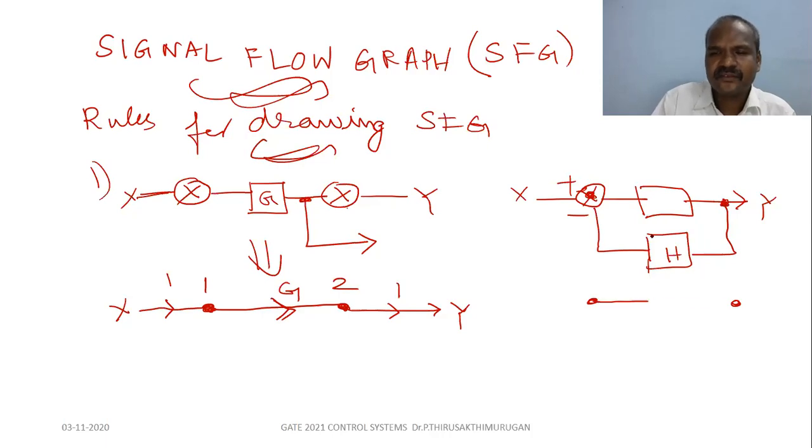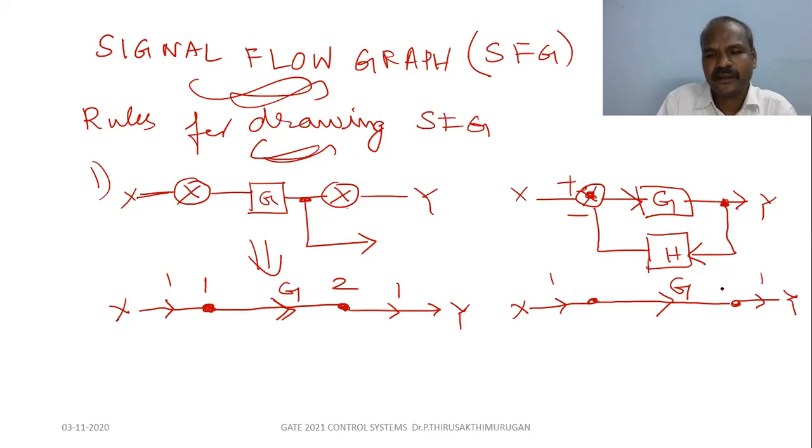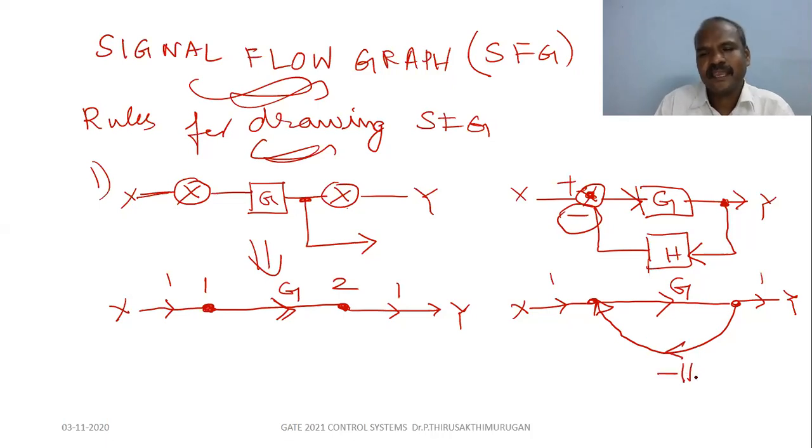Between them there is a gain, say G. Between x and the summing point the gain value is 1, and to y the value is 1. The flow direction is very important. This is the feedback path. Since it is negative, the gain is represented with the sign, minus h. If it were plus, you would add plus here. This is the representation of the feedback path.